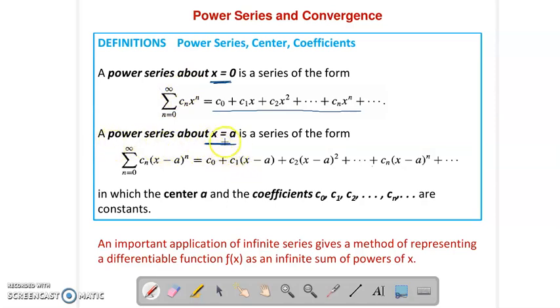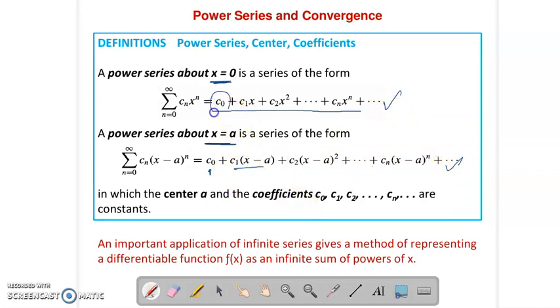So a power series about x equals a is a series of the form summation n going from 0 to infinity Cn into x minus a raised to the power n. So we have C0 plus C1 into x minus a plus C2 into x minus a whole square, and we keep on going like this. So these represent power series. This is about x equals 0 and this is about x equals a.